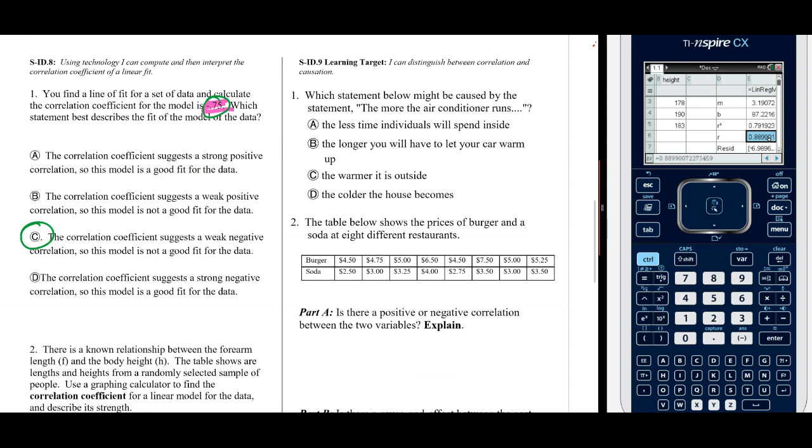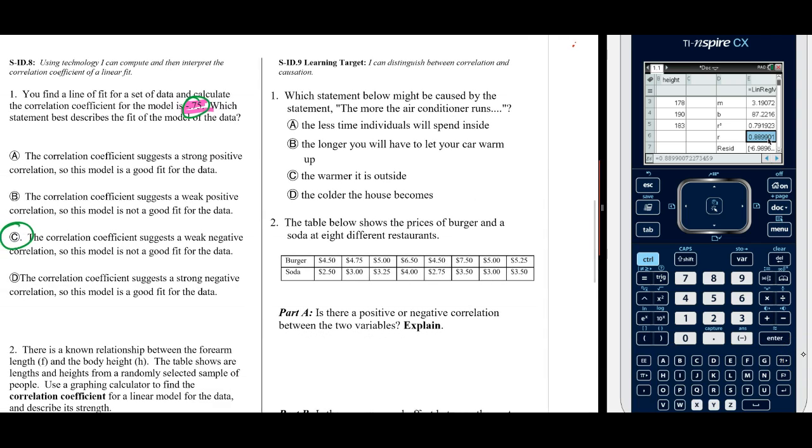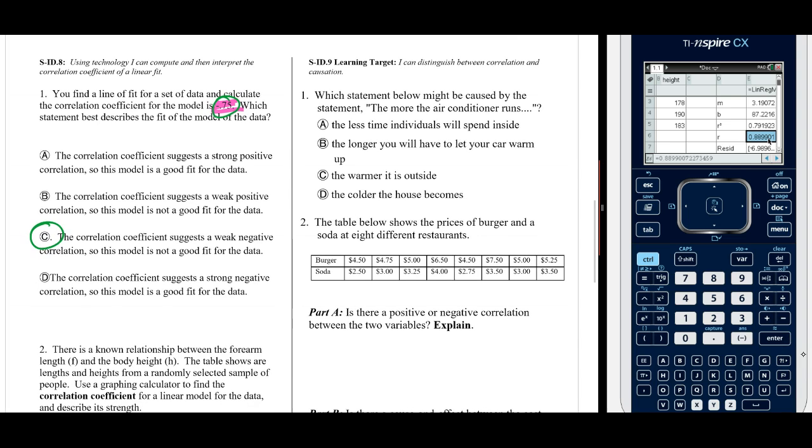Next slide. Which statement below might be caused by the statement, the more the air conditioner runs? So remember, cause is like cause and effect. So one is directly related to the other. So the more the air conditioner runs, the less time individuals spend inside? Nope. That's not it. It's not a direct cause and effect. The longer you will have to let your car warm up?